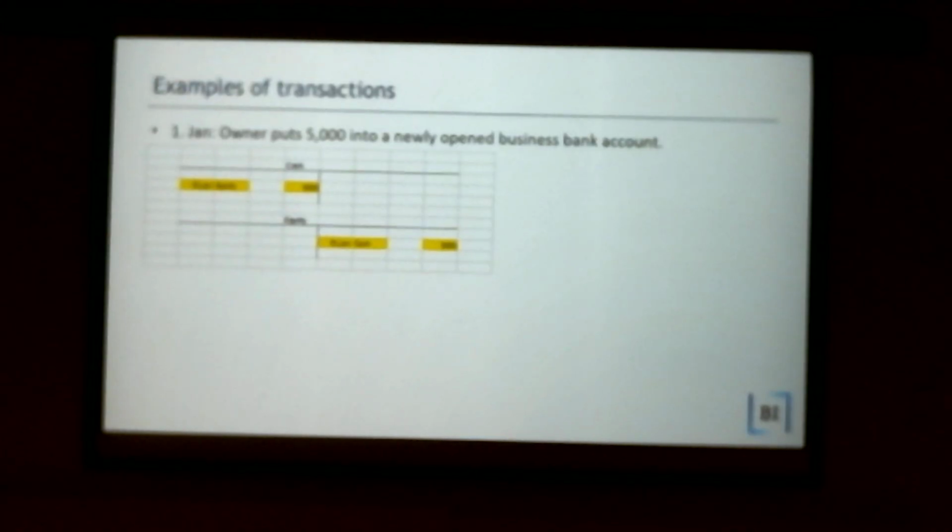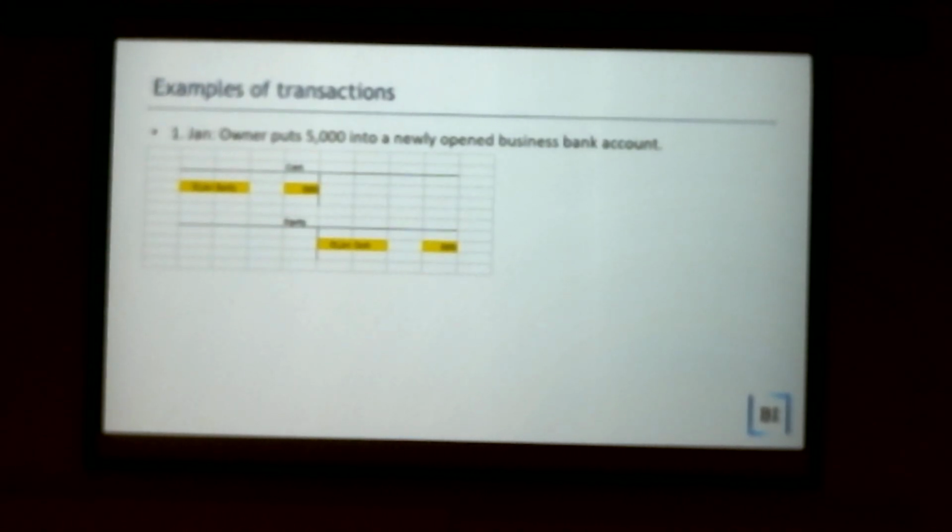So you see, every transaction can be mapped as an entry on the left side of one account and on the right side of another account. That's basically the idea of this technique. Clear to everyone? Okay. So it's just a convention how to deal with these transactions.